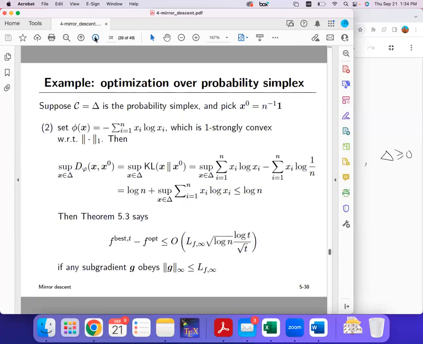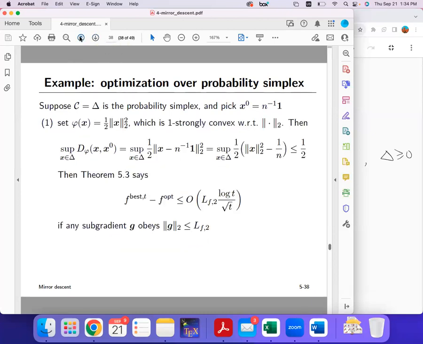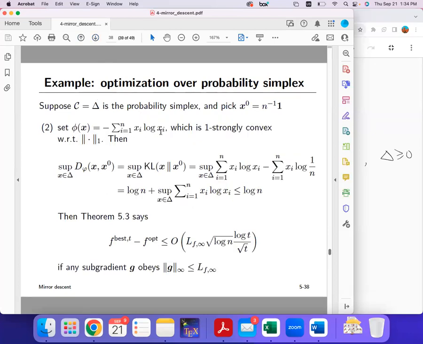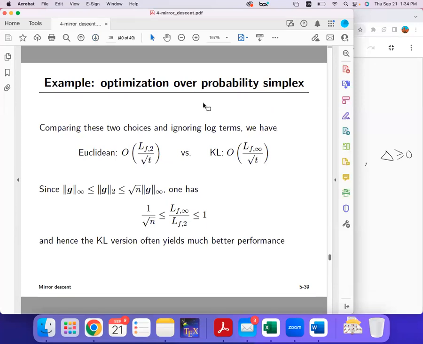And this is a comparison. When we handle the simplex constraint, if we pick Euclidean or negative entropy, there's a huge difference in the dependence on dimension. When we do machine learning or other statistics with high dimensional data, this will make a big difference.